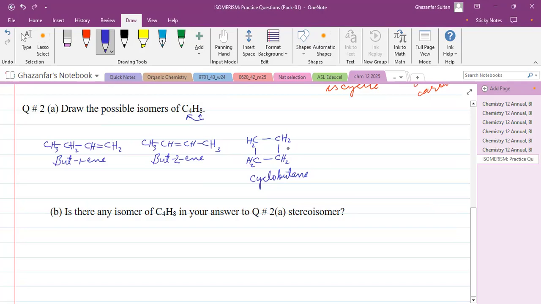For a geometrical isomer, two different groups must be there, but here all the carbon atoms have hydrogen atoms, so it cannot give a geometrical isomer. And there is no chiral carbon, so it does not give any type of stereoisomer. But if we talk about this one, yes, it can give a stereoisomer, because each olefinic carbon atom has two different groups. One is methyl, one is hydrogen.